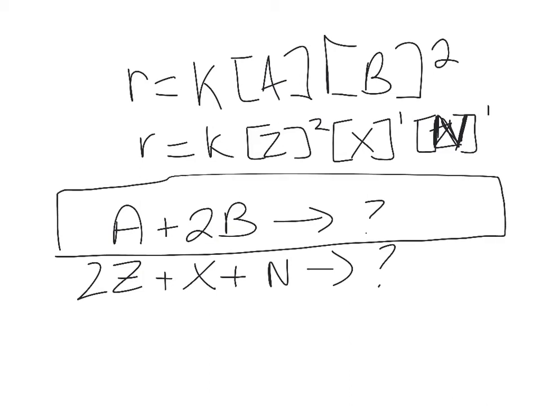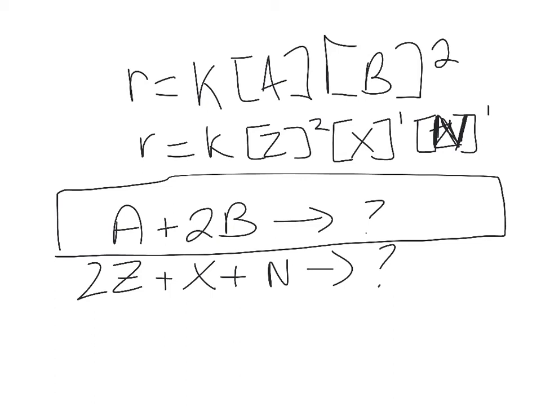This is your rate determining step. So equation number 1 would be A squared B1 C squared. So it's not that, because that doesn't match that top equation.